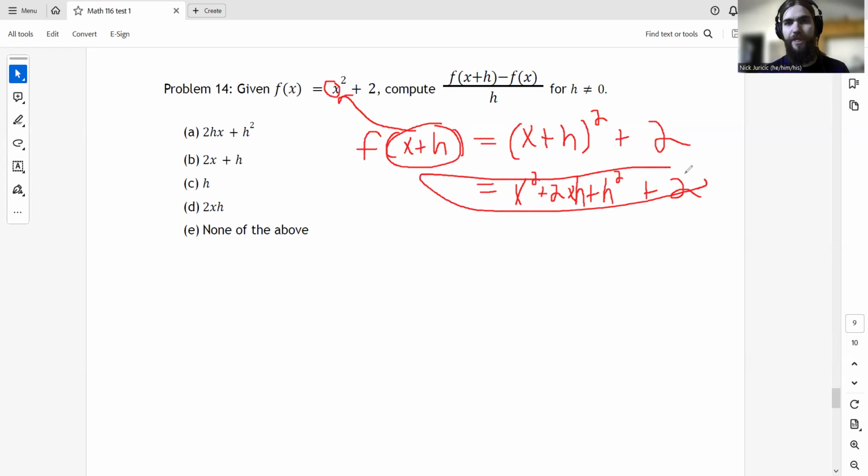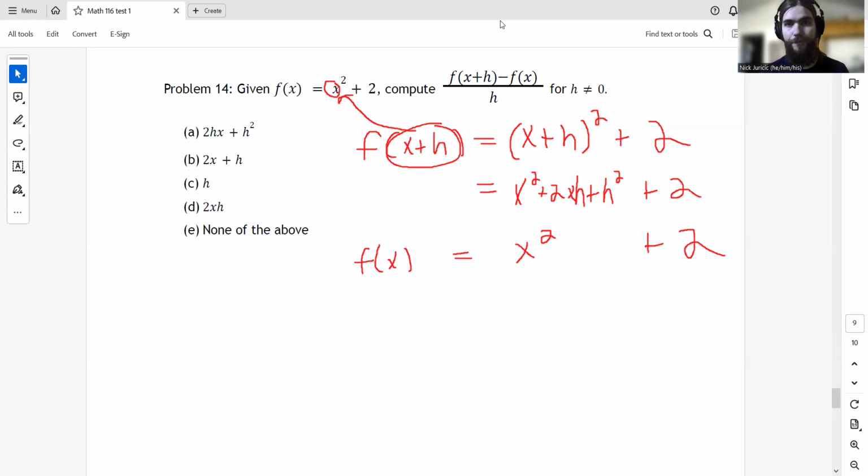It doesn't look like we have any like terms here. We know what f of x is. It is simply x squared plus 2. I'm going to line these up vertically, because I want to show the cancellations.